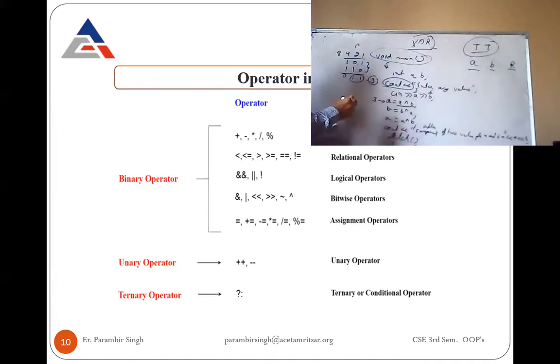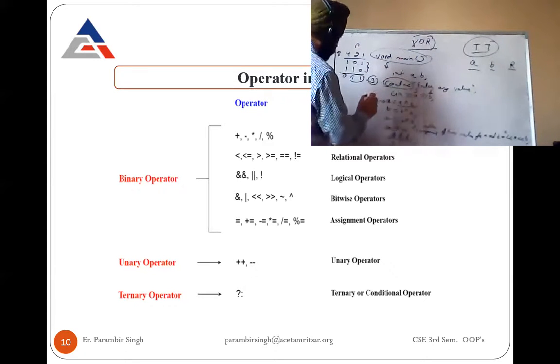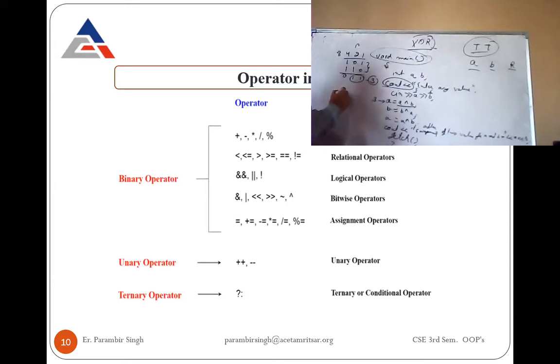Then after that, B is equal to B XOR A. So what is the value of B? That is 6.